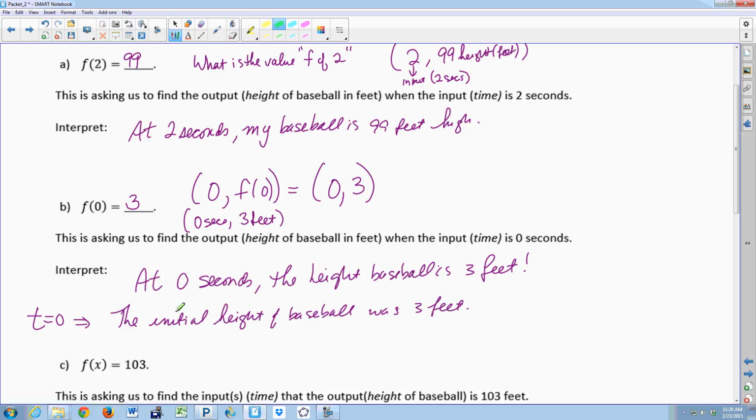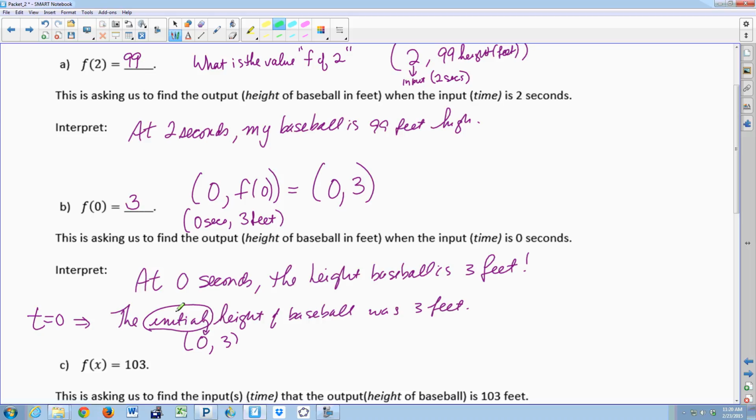However, in this case, where t equals 0, the minute you use the word initial, I know that my input value is 0. I know that immediately when I see that word. So if saying at 0 seconds feels a little awkward to you, you can say initial. You could say initially the height of the baseball was 3 feet, or the initial height was 3 feet.